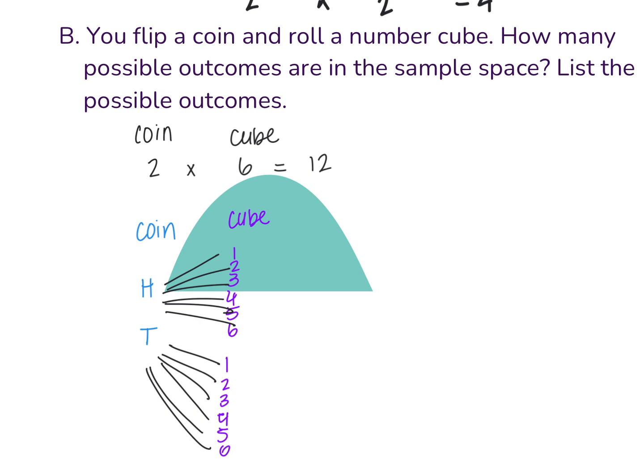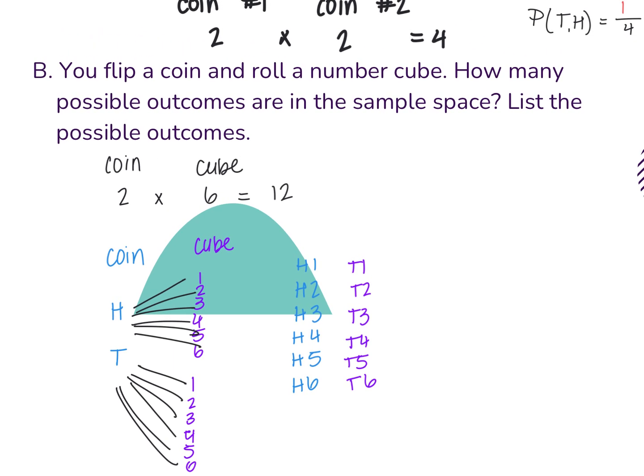So labeling them, I could have heads 1, heads 2, heads 3, heads 4, heads 5, heads 6, and I could have tails 1, tails 2, tails 3, tails 4, tails 5, and tails 6. Okay, I could roll on any one of those. I could roll my dice and flip my coin, and I could get any one of those.